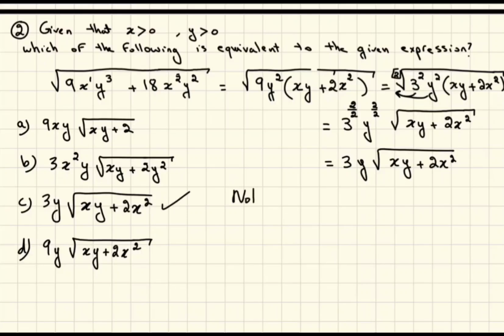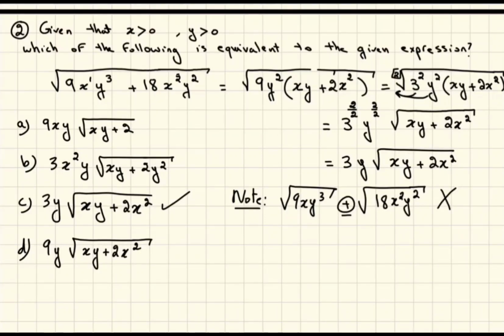As a note here, many students, they start this way. They separate, they write this plus this. However, you're not allowed to separate the radical as long as you have addition or subtraction. Only we do it if we have multiplication or division, so this is wrong.